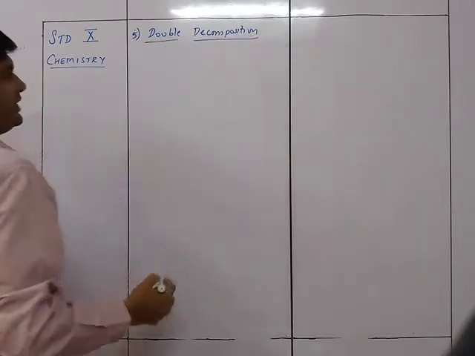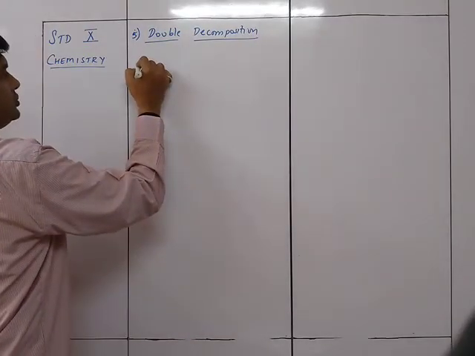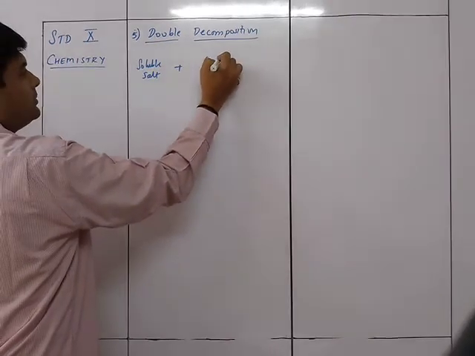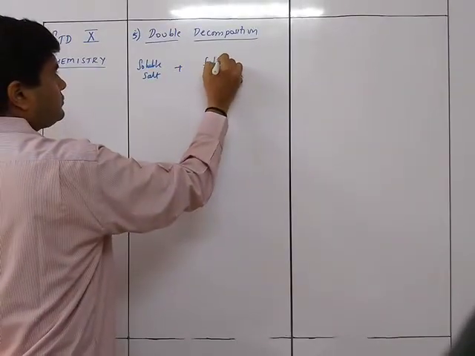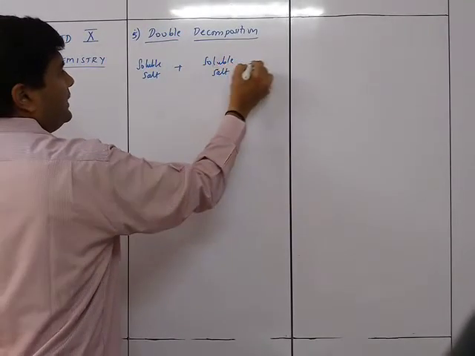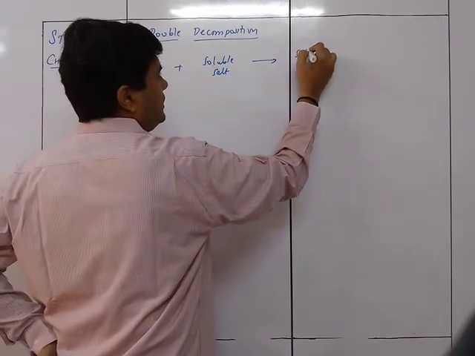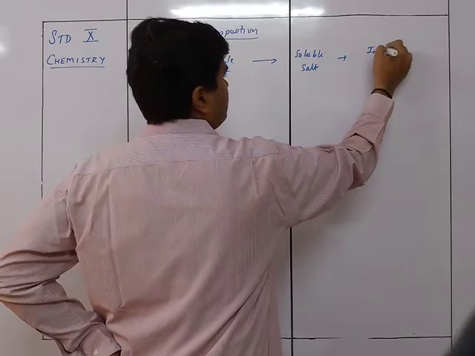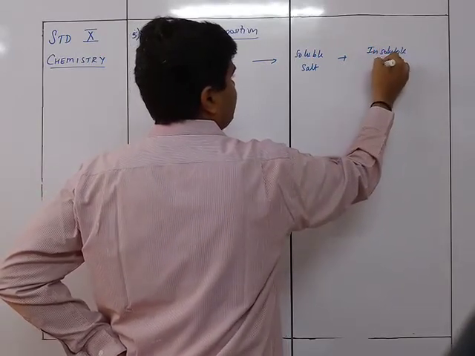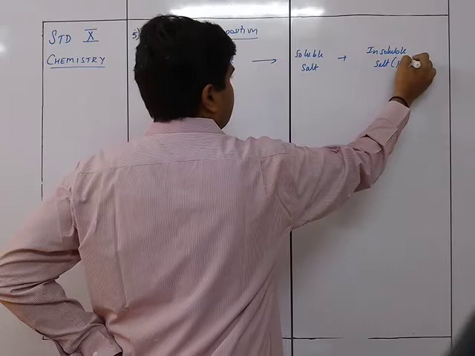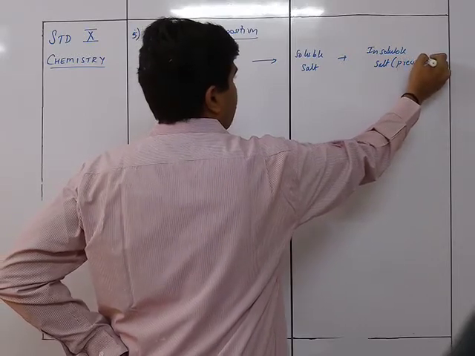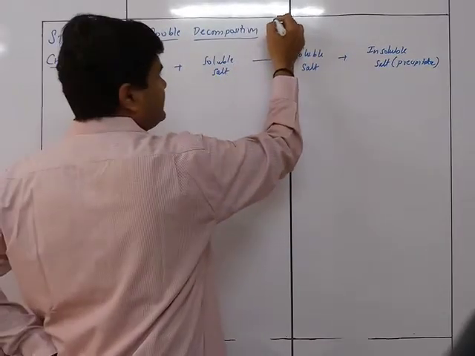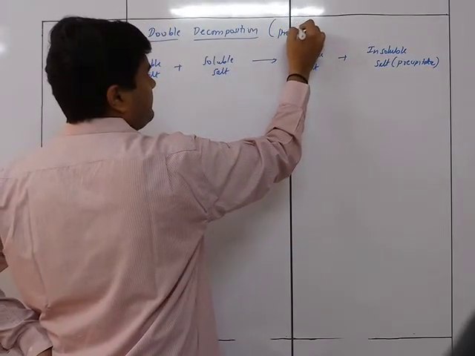The double decomposition reaction will be for soluble salt plus soluble salt giving me a soluble salt plus an insoluble salt, which is nothing but the precipitate. So the double decomposition we are having is in the form of precipitate.